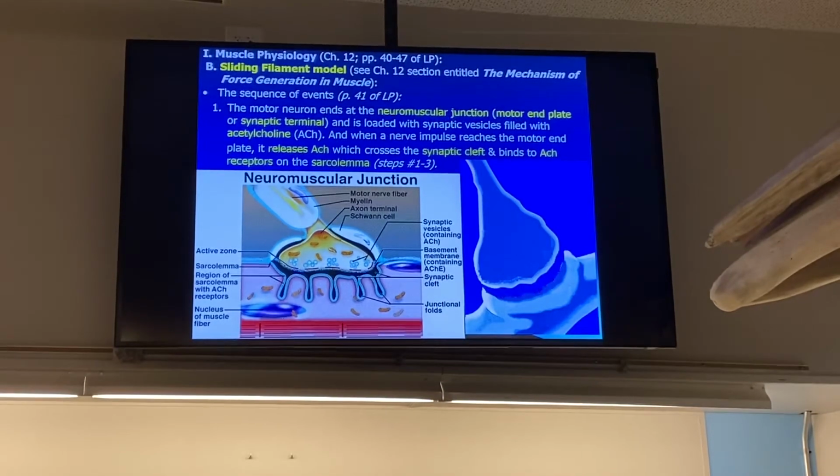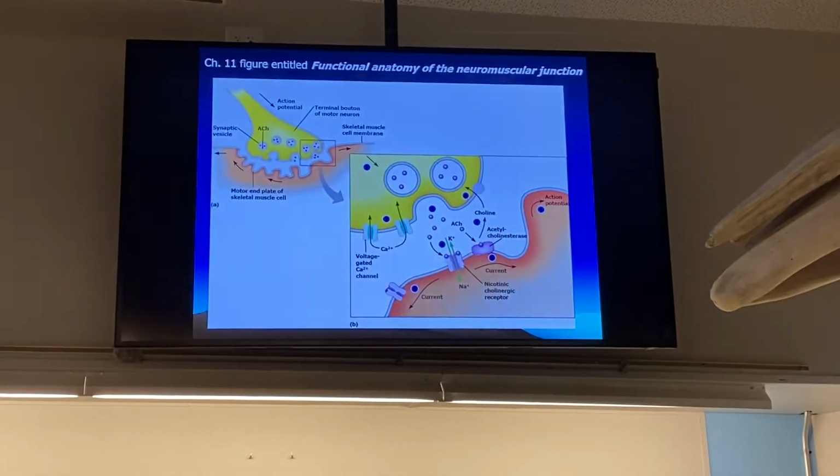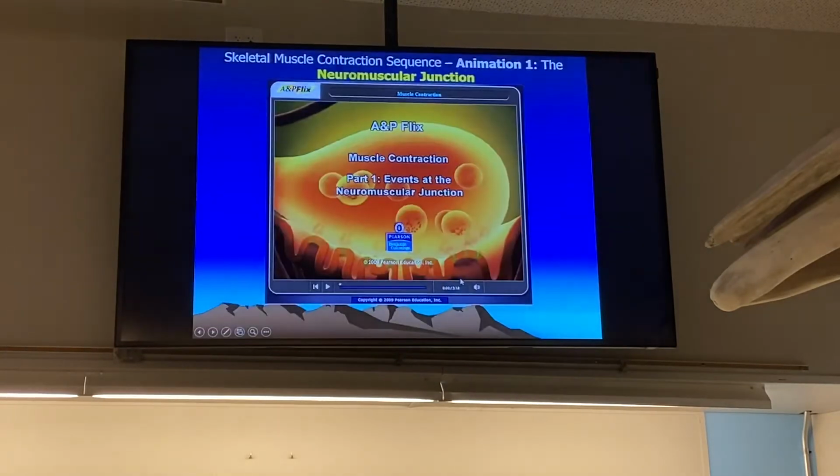All right, so now we've got acetylcholine on acetylcholine receptors on the sarcolemma. That's going to cause a huge influx of sodium, and very little potassium leaks out, you can see it here. That's depolarizing. This animation doesn't work.